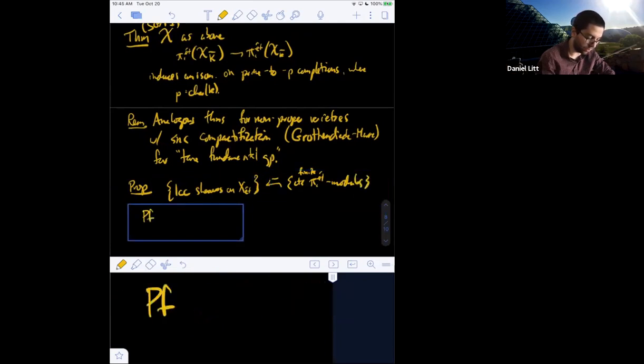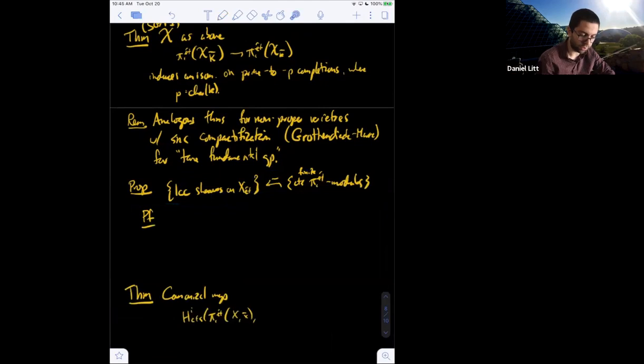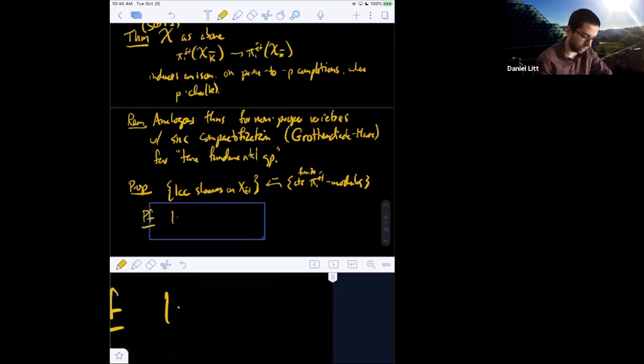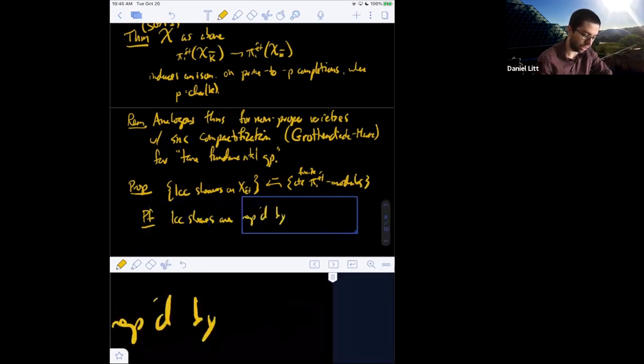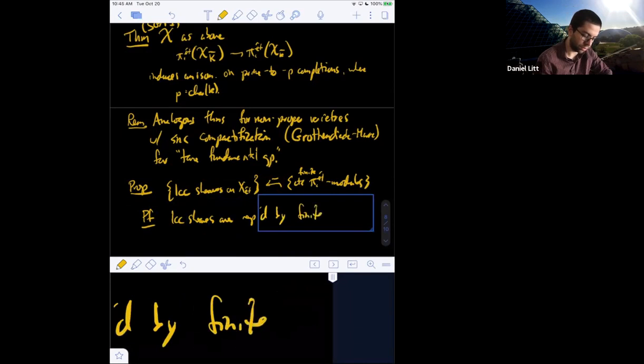Okay, and what's the proof? Well, to go from right to left, a finite continuous pi1 module is in particular a finite continuous pi1 set. So it gives you a covering space, which gives you an LCC sheaf. And then vice versa, LCC sheaves are represented by finite étale covers, is the proof.